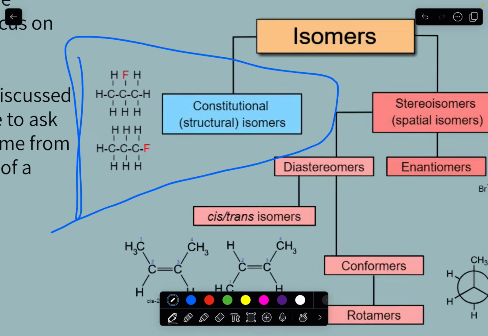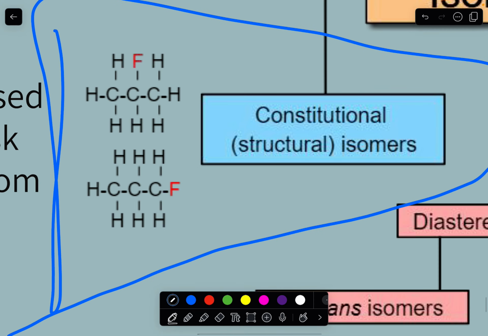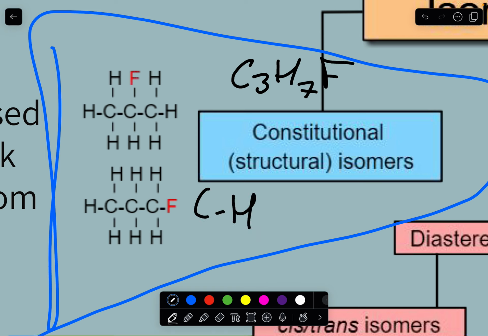But for constitutional isomers, you can see that they have the same molecular formula, right? These are both C3H7F. Okay, they're both the same thing, C3H7F. The difference is where the fluorine is. On the top one, the fluorine's on that center carbon.